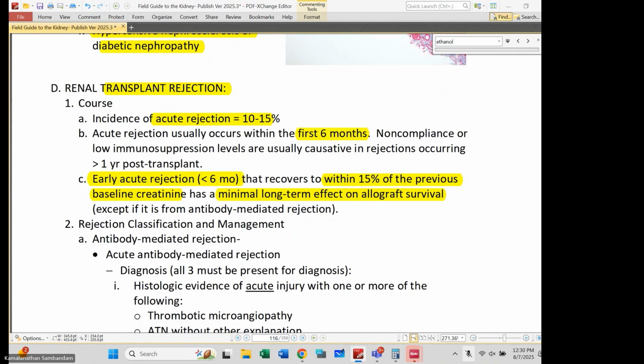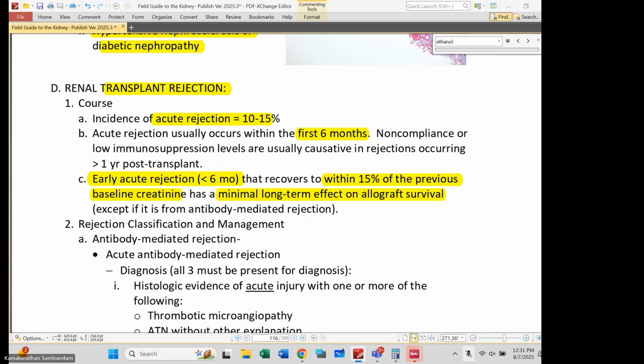Right? That's called tolerance. So again, if you have an early rejection, for instance, if you're using belatacept instead of calcineurin inhibitor, remember we know rates of rejection with belatacept are higher than with calcineurin inhibitor. But if you recognize it early, you reverse it, you can say, well, no big deal, right? You had a rejection, but we reversed it easily.